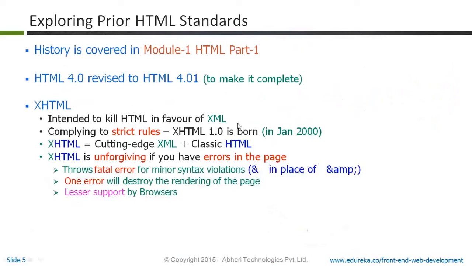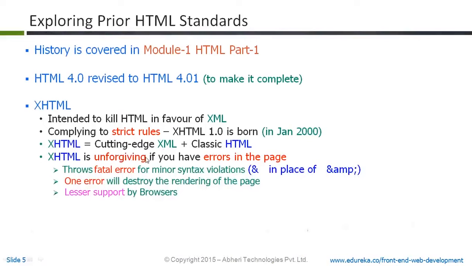Its intention was to kill HTML 4.01 and adopt something more like XML. That's why XHTML stands for XML, which was cutting-edge technology at that time, and classic HTML, which is 4.01.